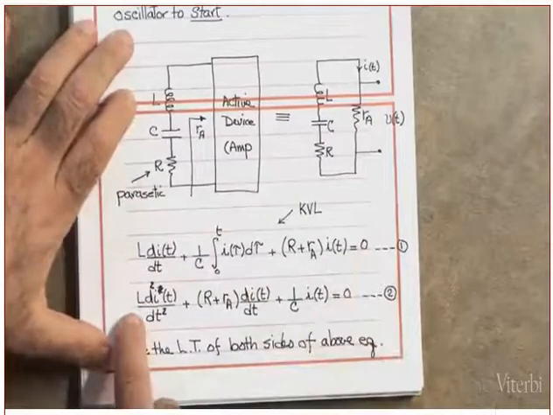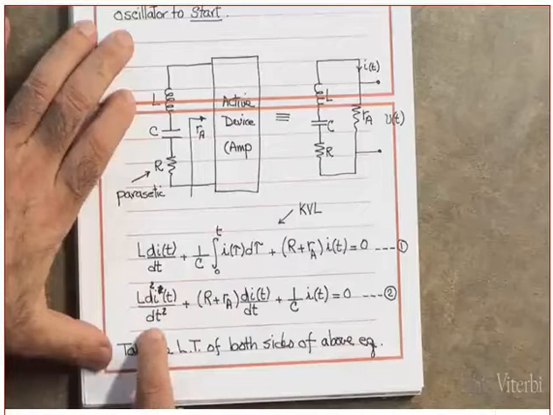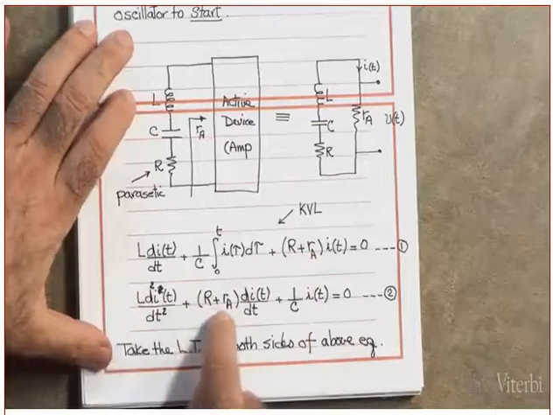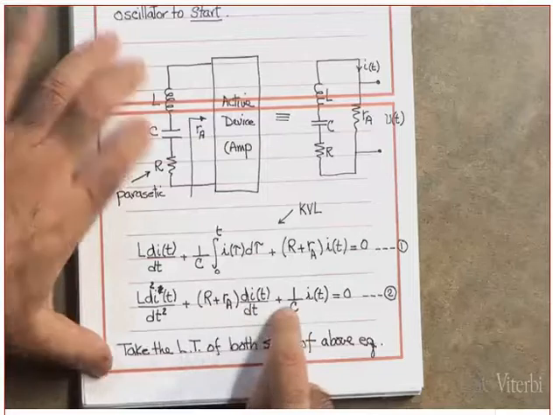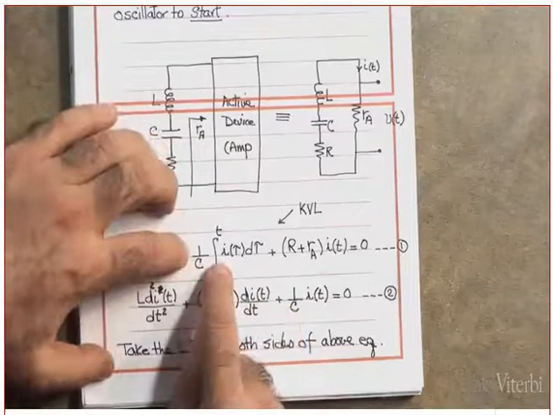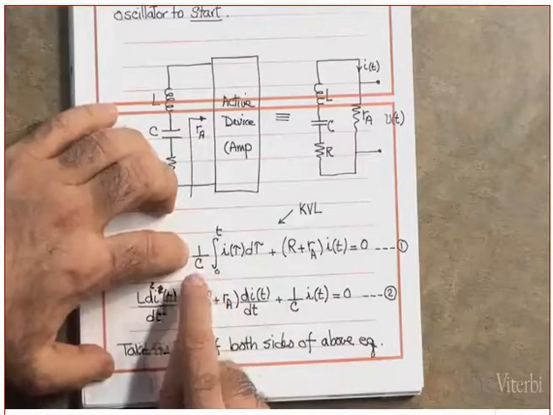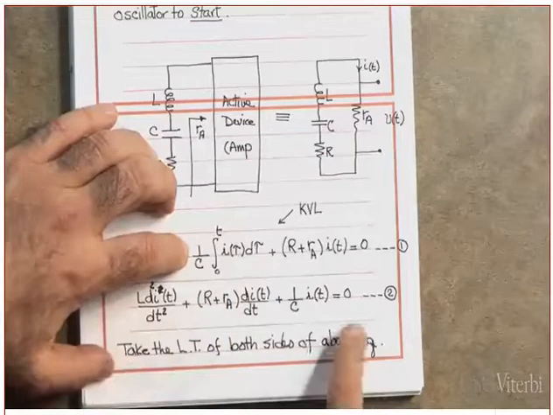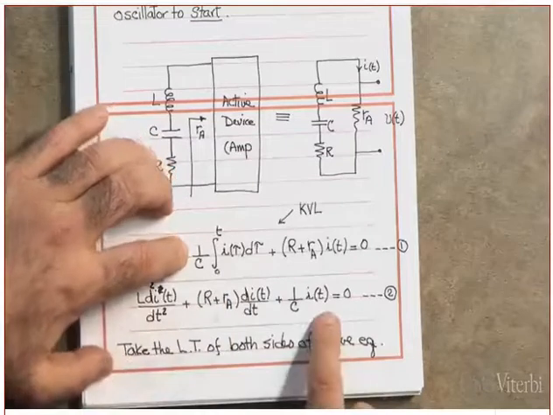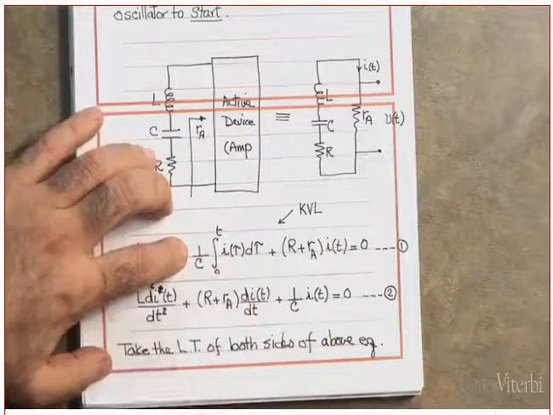Take the derivative of this. So what do you get? L d squared i(t)/dt squared plus (R plus RA) di(t)/dt, plus 1 over C times the derivative of the integral. The derivative of the integral, one cancels the other, and I end up with i(t). Clear? By the way, I'm assuming the initial condition is i(0) equal to 0.